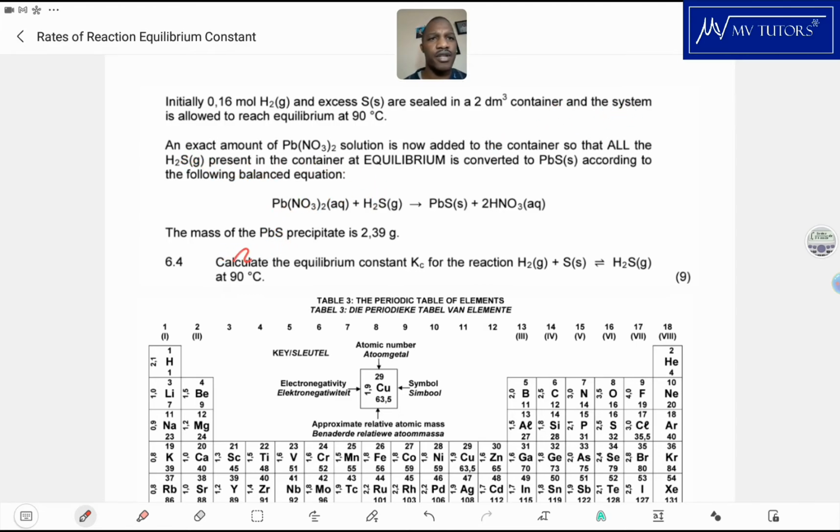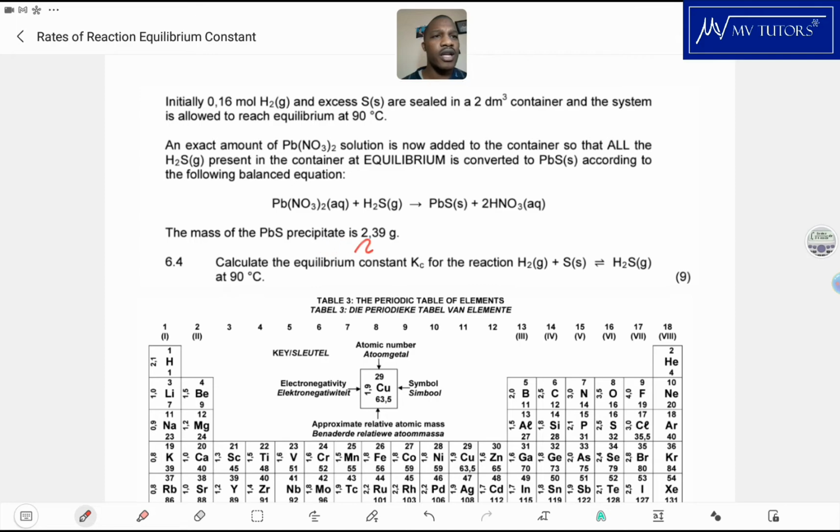We're also given the mass of PbS precipitate. What can we do with the mass? We can calculate the molar mass. That is why I have a periodic table over here so that we can calculate our molar mass easily. Now, why do we need the number of moles? It's so that we can calculate our concentration successfully.